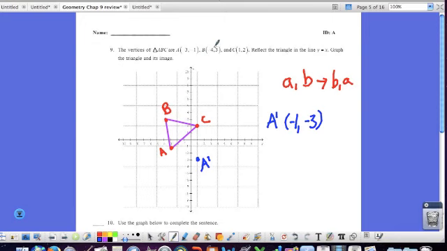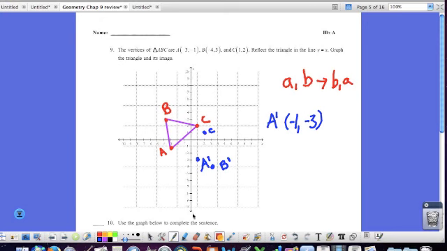My new B prime is going to be 3, -4. And C, instead of being 1, 2, would have been 2, 1.